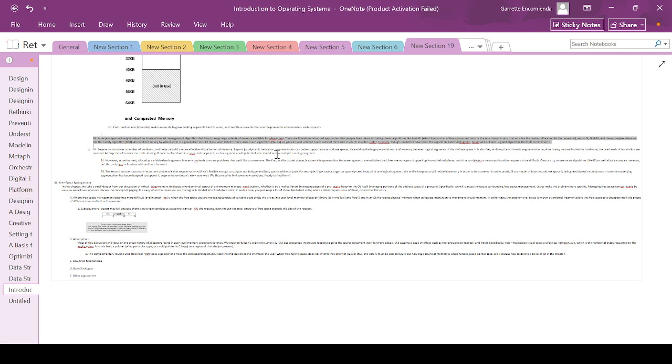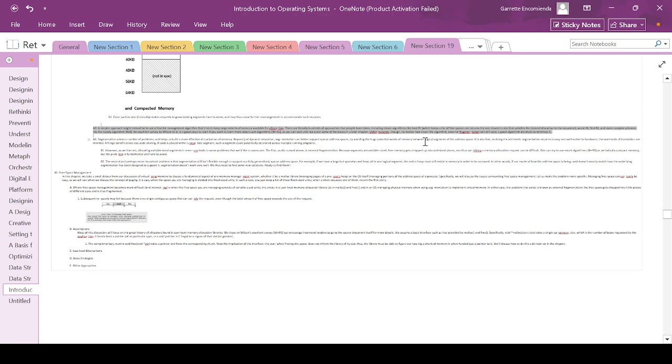There are literally hundreds of approaches that people have taken, including classic algorithms like BestFit, which keeps a list of free spaces and returns the one closest in size that satisfies the desired allocation to the requester.